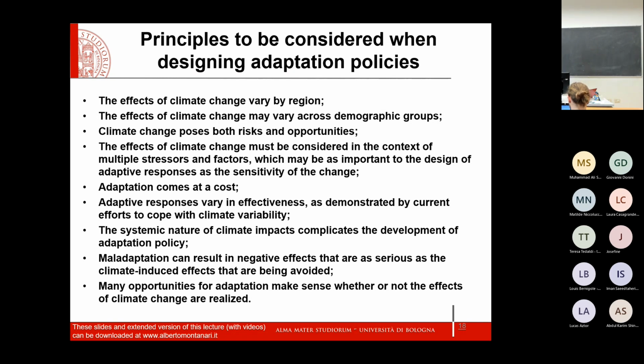Adaptive responses vary in effectiveness, as demonstrated by current efforts to cope with climate variability. One important consideration: when we take a bottom-up approach, when we make an assessment of current vulnerabilities, this is part of our usual and traditional approach to engineering and to natural hazards.